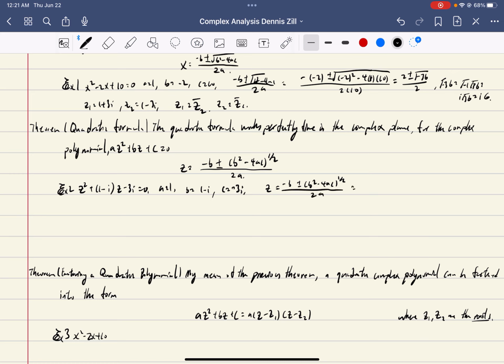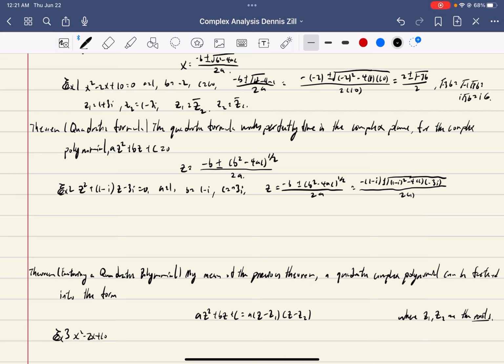Take the negative of b, that is negative 1 minus i... so negative of that, 1 minus i, plus minus the square root of negative 1 minus i squared, minus 4, a is 1, c is negative 3i, and all over 2 times 1, right?